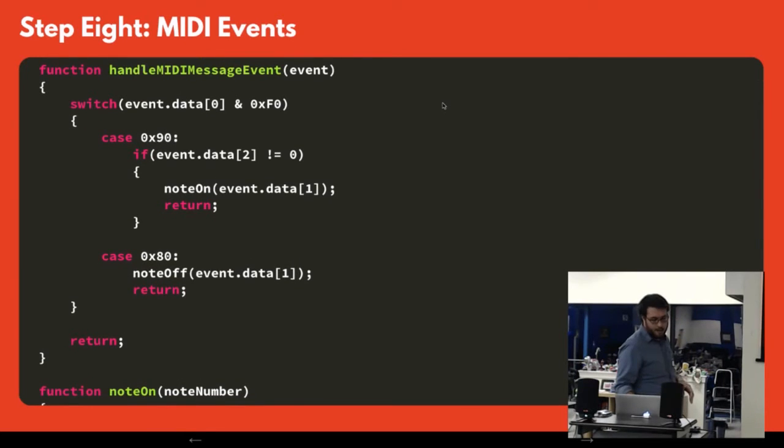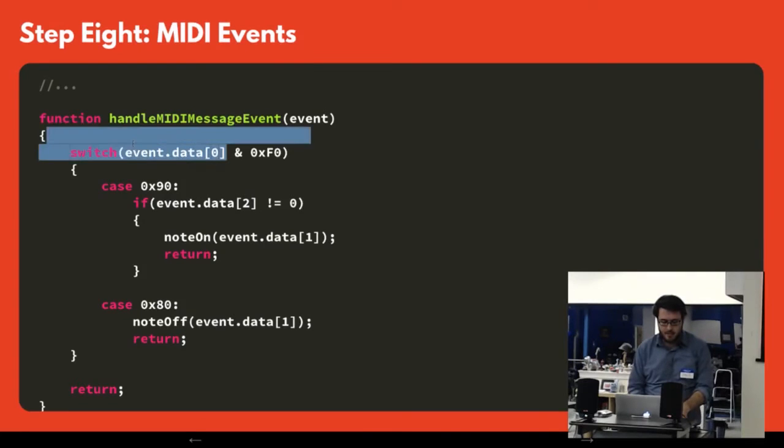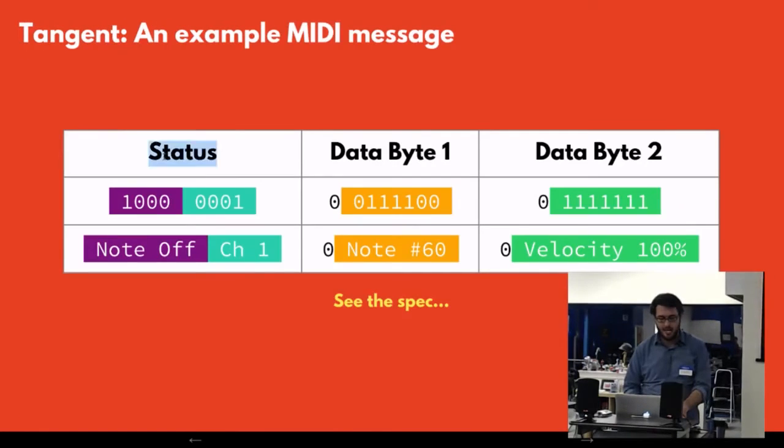So I left out some of the more uninteresting code, but the crux of it is this handleMIDIMessage event. What I'm doing up here is looking at that first information, which if you remember is this step. I'm basically trying to get out this first part of it to determine what type of message it is.